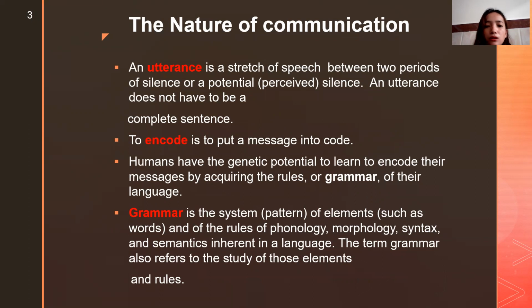To encode is to put a message into code. Humans have a genetic potential to learn to encode their messages by acquiring the rules, a grammar, of their language. Grammar is a system of elements such as words and the rules of phonology, morphology, syntax, and semantics inherent in a language. The term grammar also refers to the study of these elements and rules.